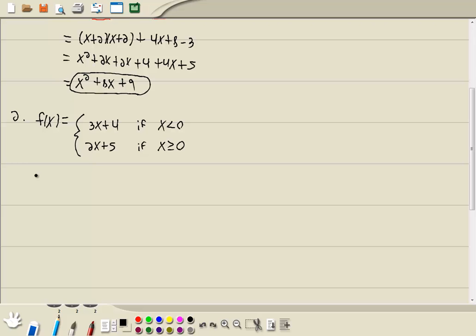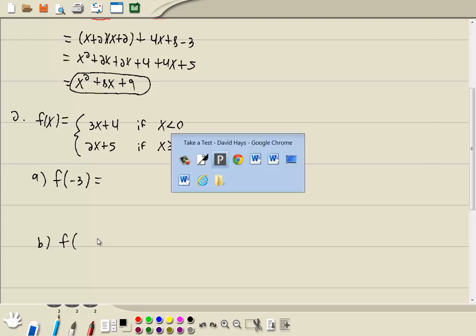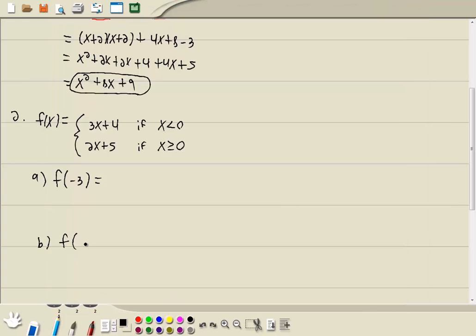And we're wanting to first find f of negative 3, and then we'll find f of 0. And then we'll find f of 2.